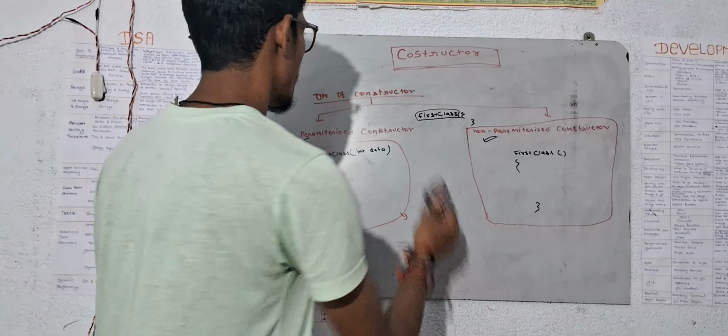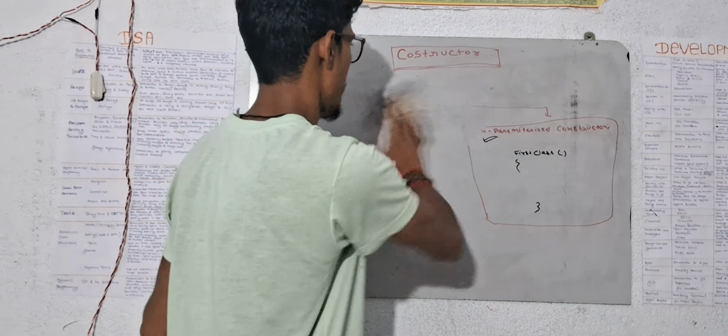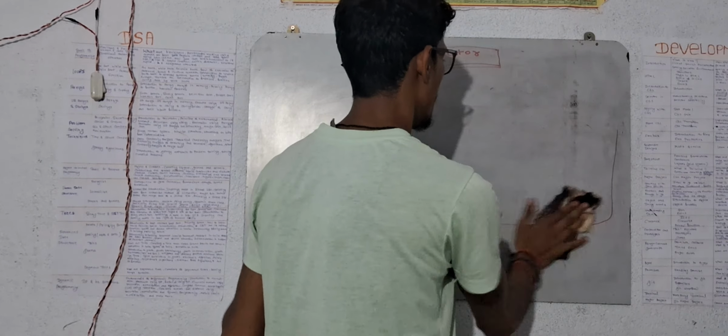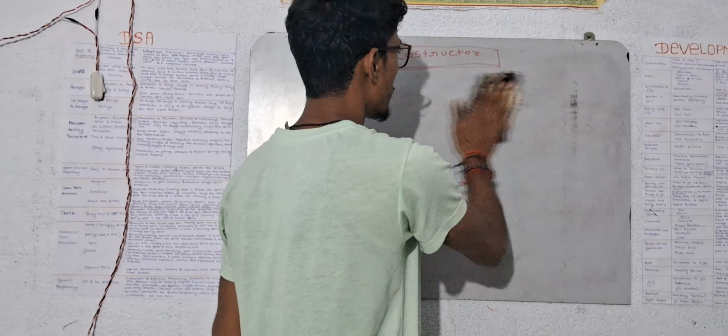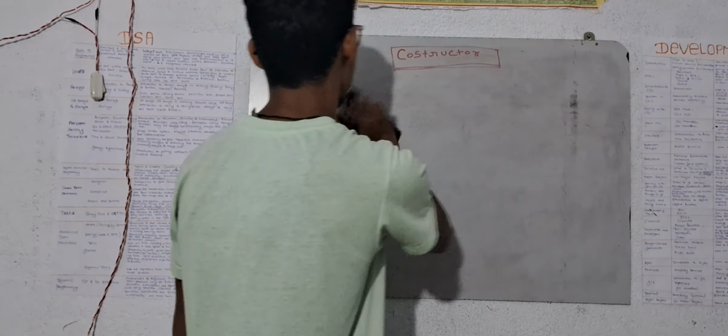Let's solve a question using constructor. Okay, so by using constructor we will print the sum of two numbers and three numbers.